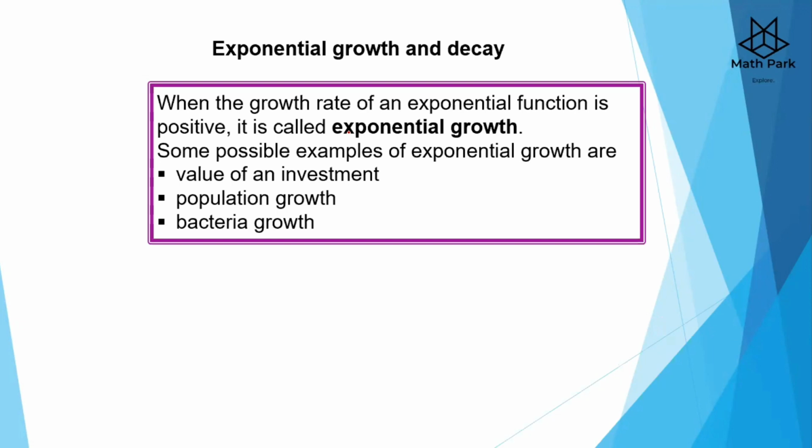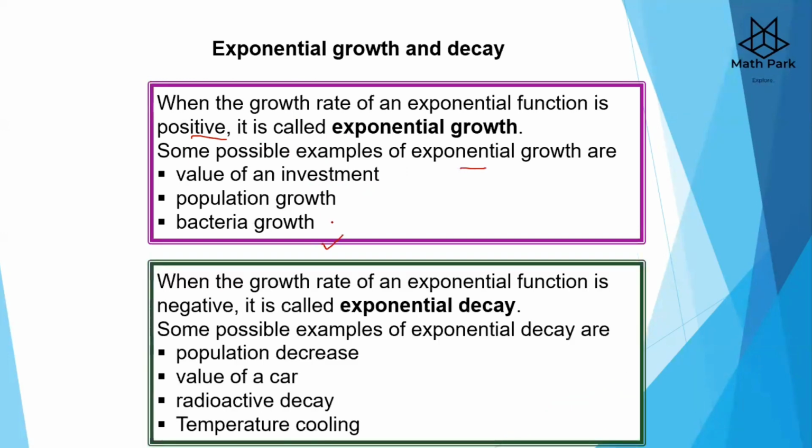Now, exponential growth and decay. When the growth rate of an exponential function is positive, it is called exponential growth. Some possible examples of exponential growth are the value of an investment, when we invest money in the bank, it grows, it increases. Population growth, bacteria growth, or an increase in the number of vehicles, that is again an example of exponential growth.